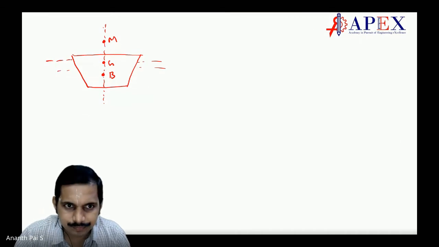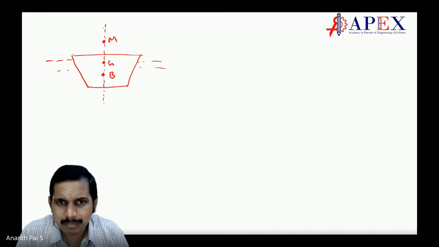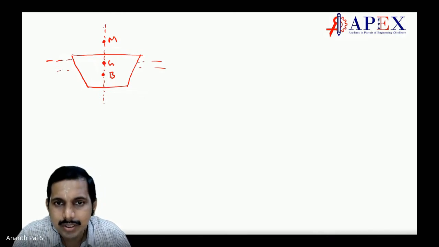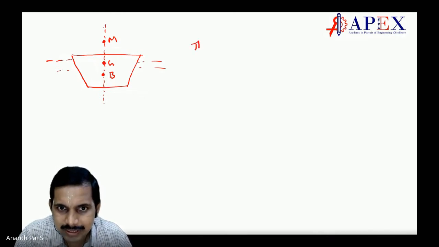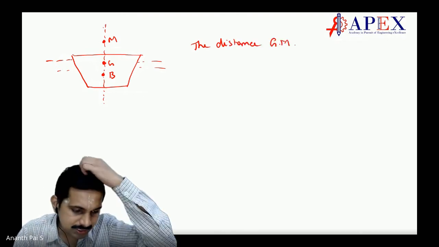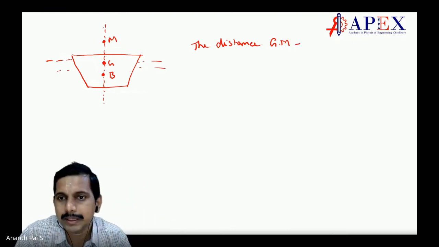So now, what is important for stability is the height GM, the distance GM, which is called the metacentric height.